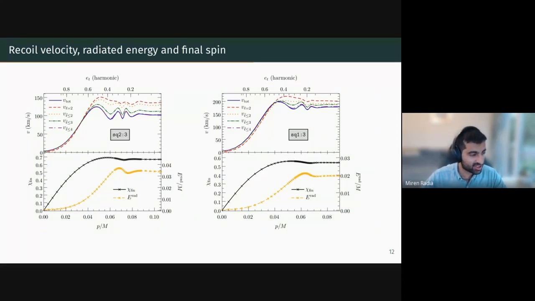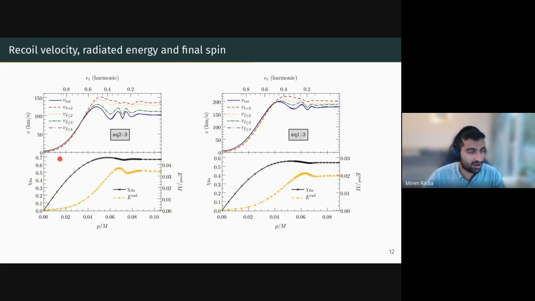The main results, I guess, our main plots for this project, are 4 figures like this. I've got 2 on this slide and 2 on the next slide, one for each sequence of black hole binaries that we considered. There's a lot going on in this plot, so let me explain.